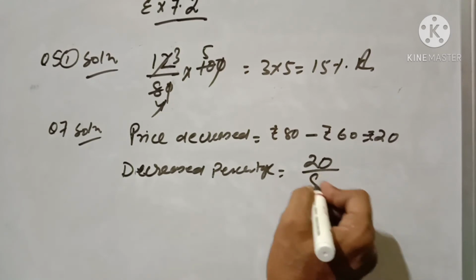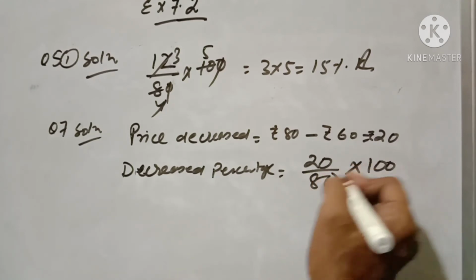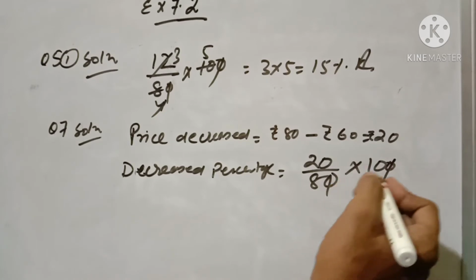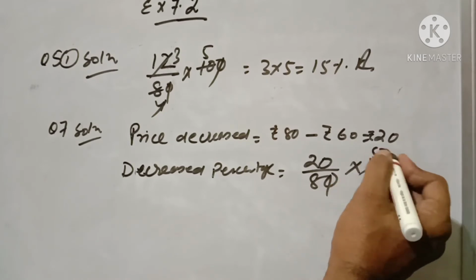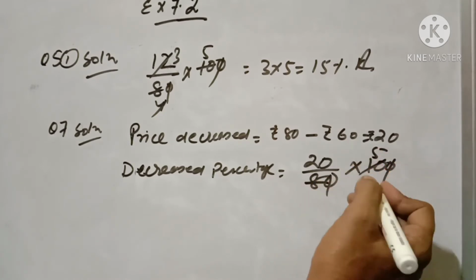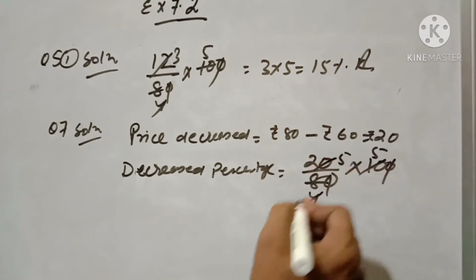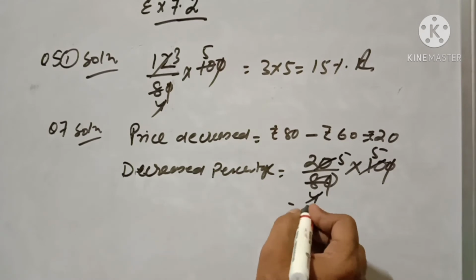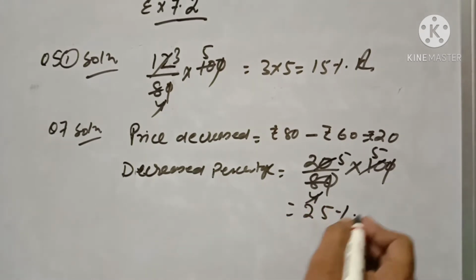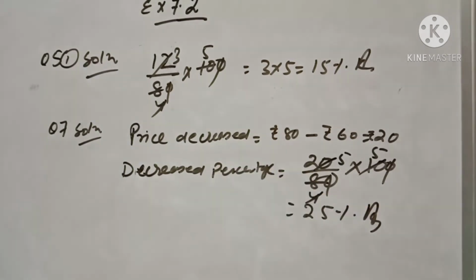Out of 80, so decrease by 80 into 100. This 0 gone. Okay, this will be 5, and this is 4. This is 5. So 25% is decreasing. This is the required answer.